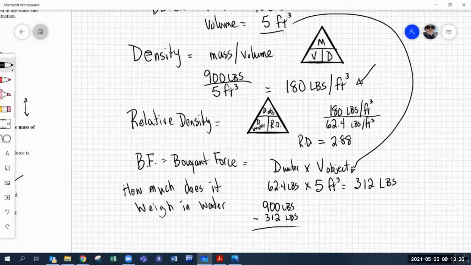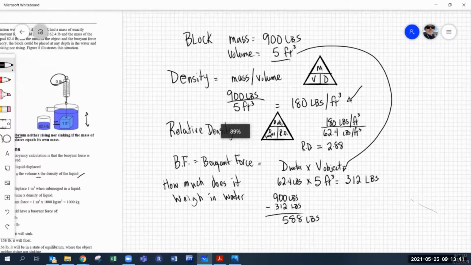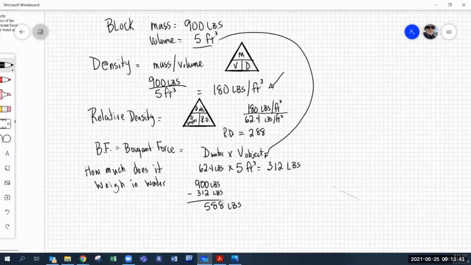So this object immersed in water weighs 588 pounds. And this is one of the reasons why they used waterways to transport logs, because they are almost weightless when submerged in water, and they can move them quite easily. Let's do another couple of examples of this.